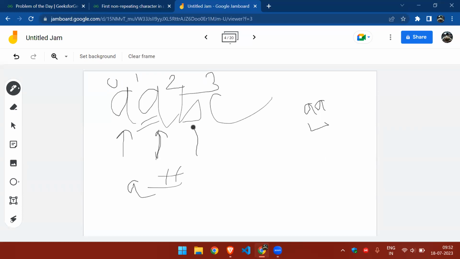So let's continue. We move on to B, and at B, we have B as a non-repeating character, so we'll append B in our answer.